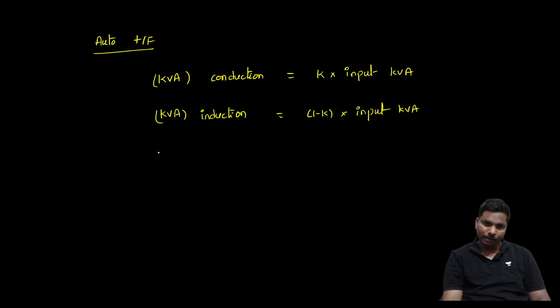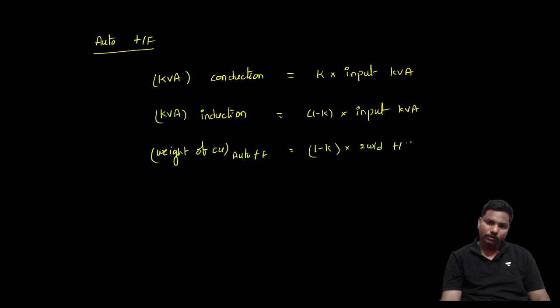And coming to the weight of copper, if you use the autotransformer instead of the two winding transformer, the weight of copper also reduces. In an autotransformer, that is 1 minus K times that of the two winding transformer. That means here the weight of copper is reduced. And coming to the next one, percentage full load losses. Losses are also reduced.